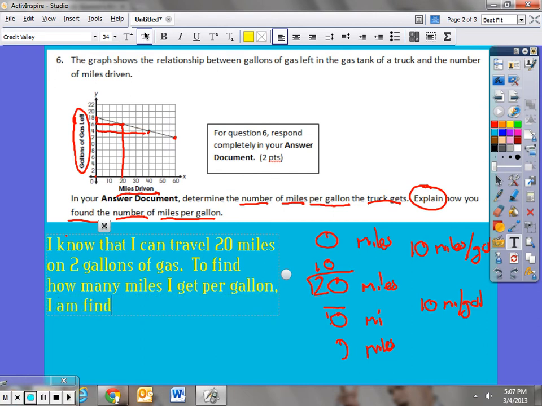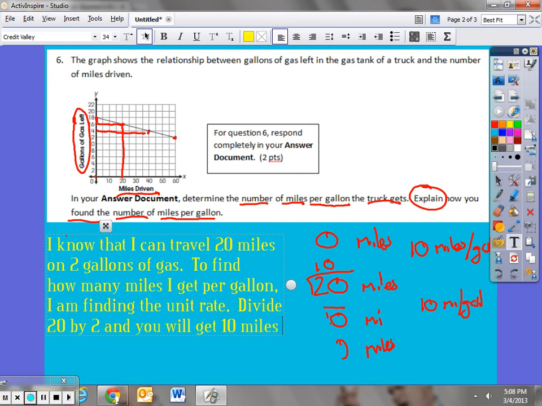I am finding the unit rate. Divide 20 by 2 and you will get 10 miles per gallon of gas.